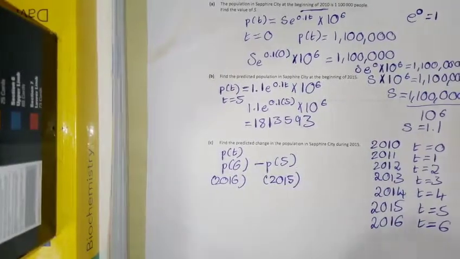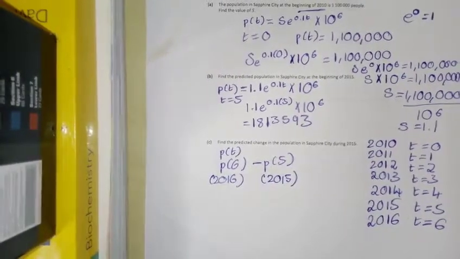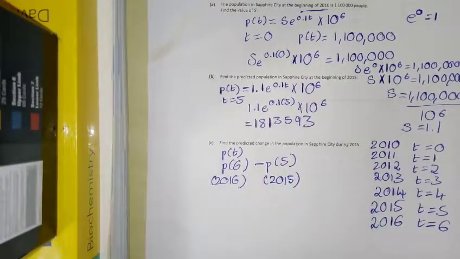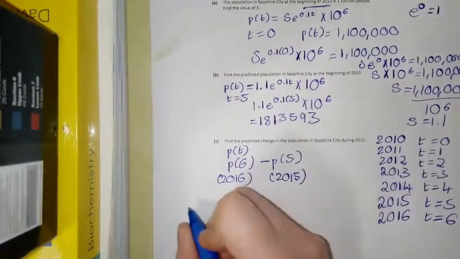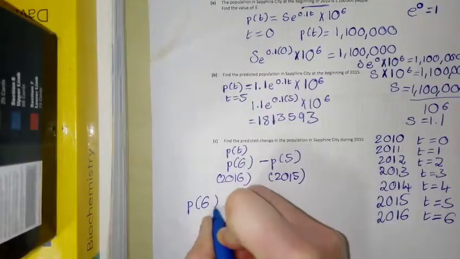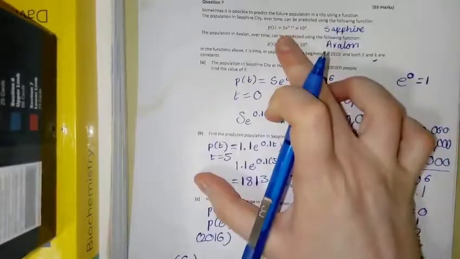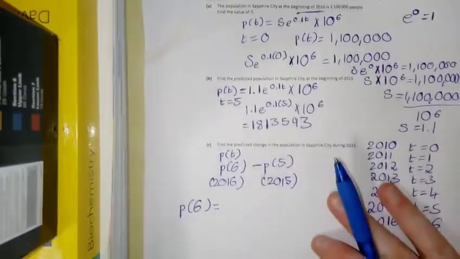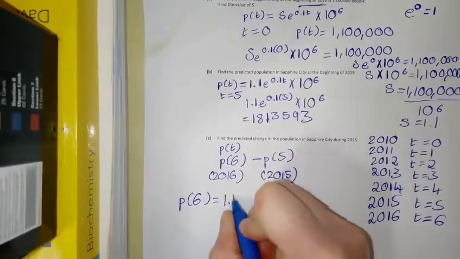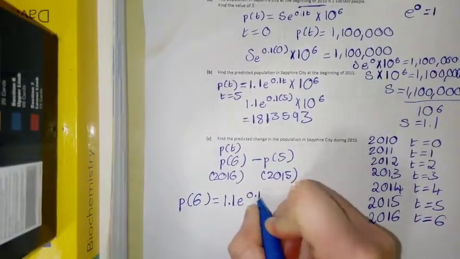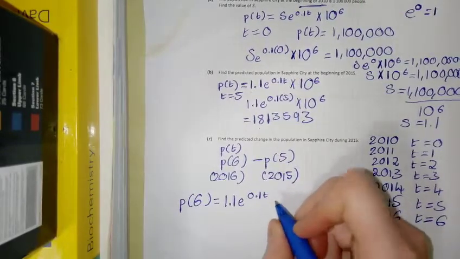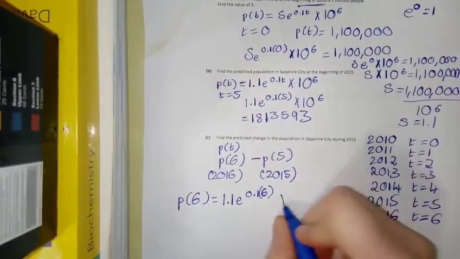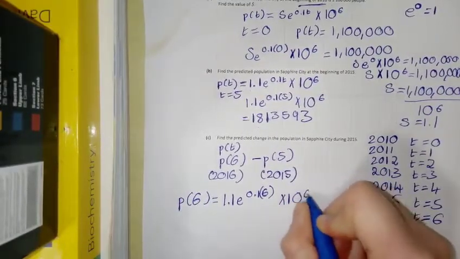So we're already after getting the number of people. If we do P(6), that's going to be our original function, but remember it's this one here because we got S is 1.1, so 1.1 e to the 0.1 T, where T is going to be equal to 6 for this one, times 10 to the power of 6.